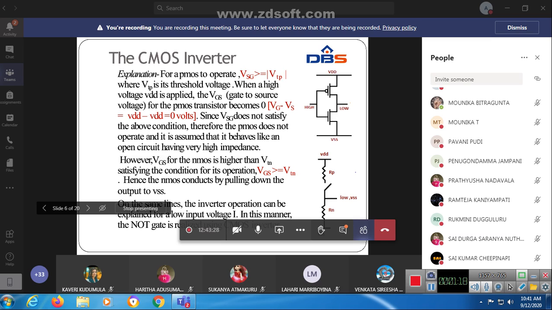And when we give low as the input of the NOT gate, the output is high.